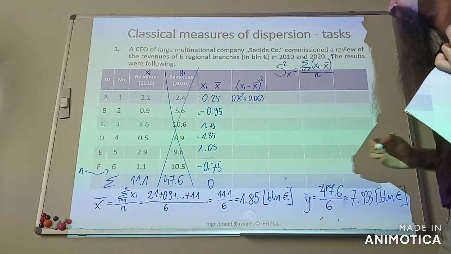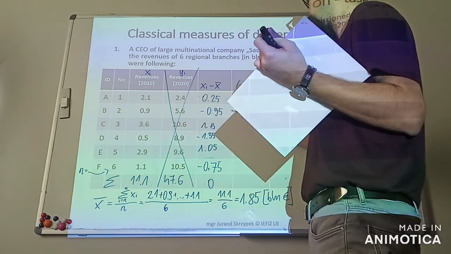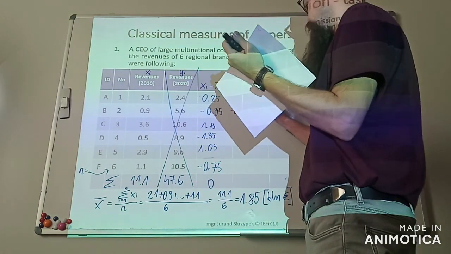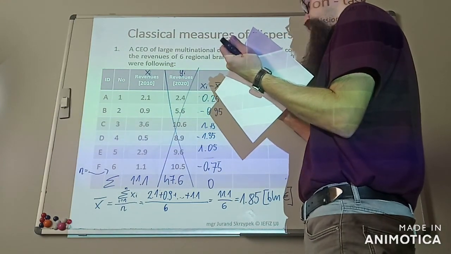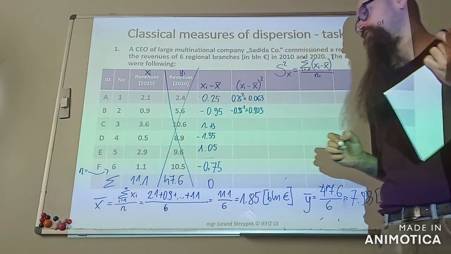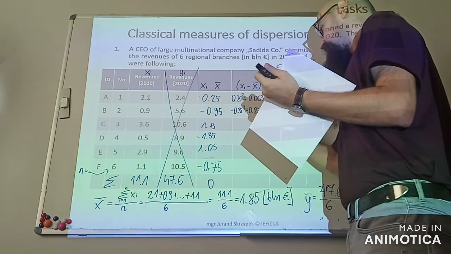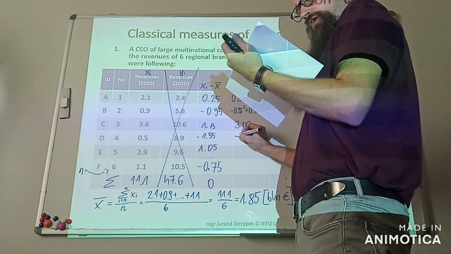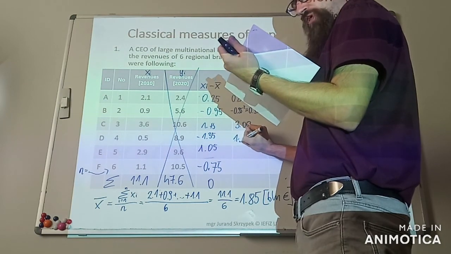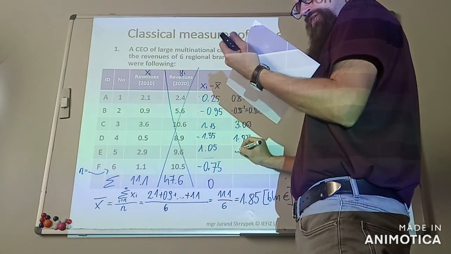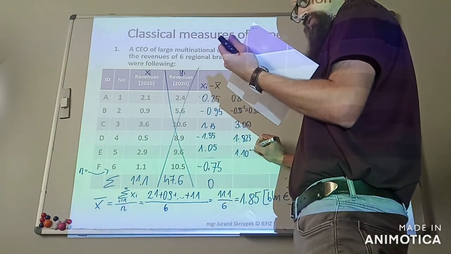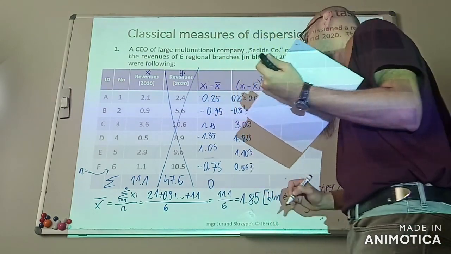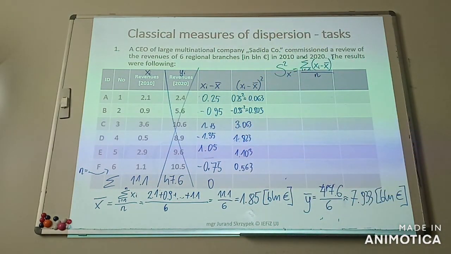In the second step, we have minus 0.95 squared, and we have here 0.903, approximately. And the next values are following: 3.063, 1.823, 1.103, and 0.563.